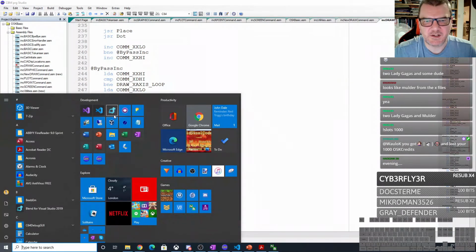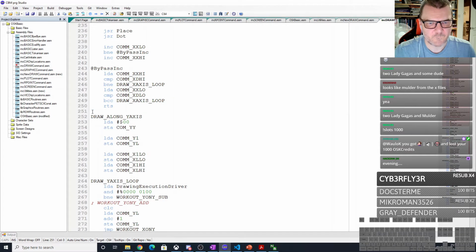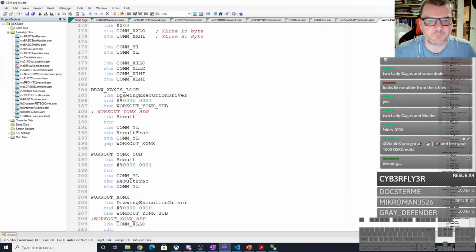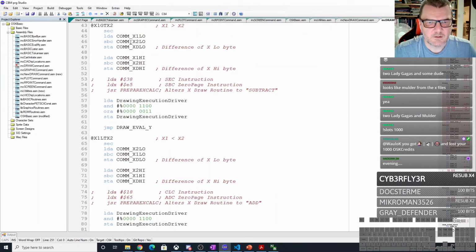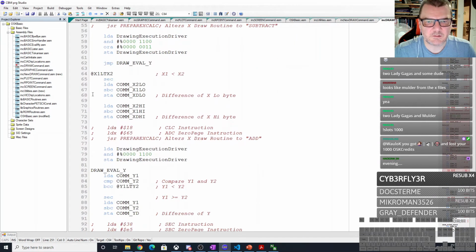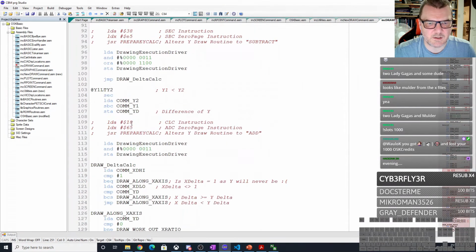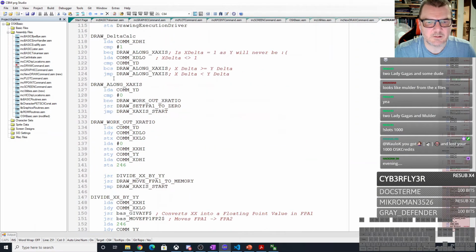It's gonna be interesting. Let's get rid of the stuff that we don't need now. Loads the difference, evaluates the difference of Y. Which way are we going?